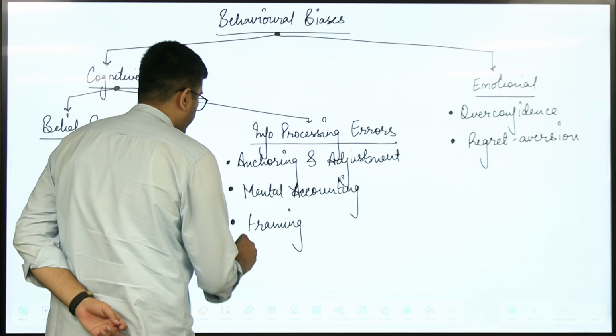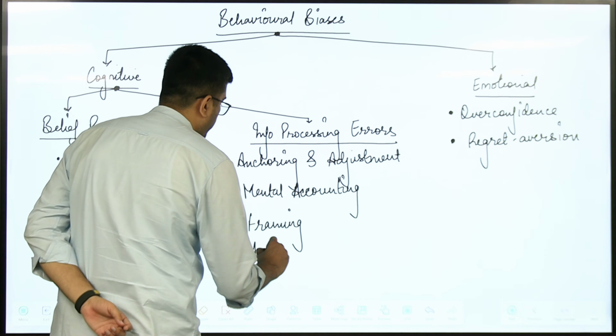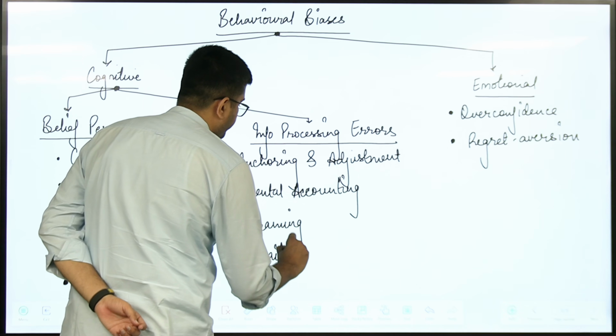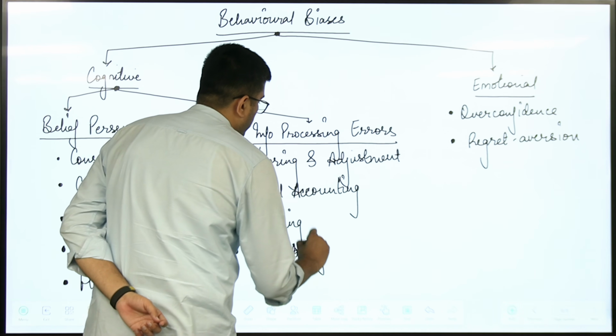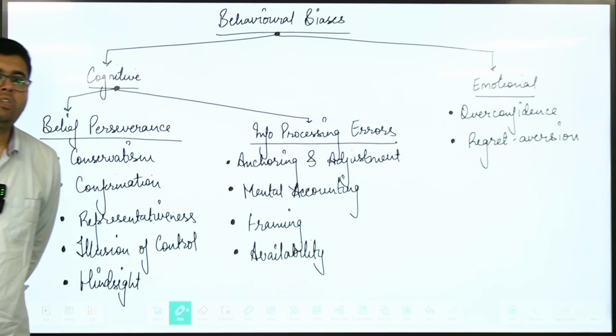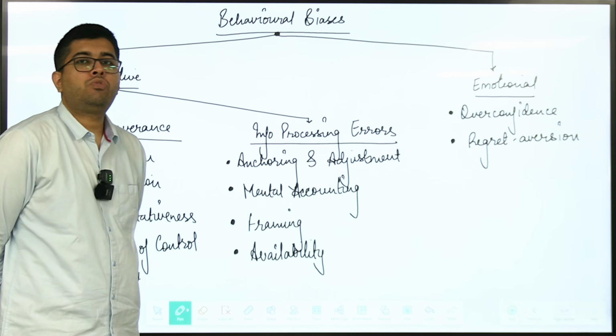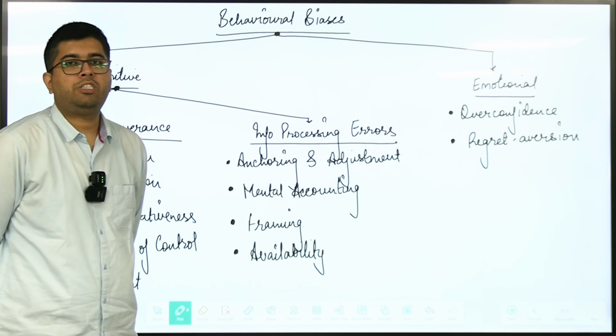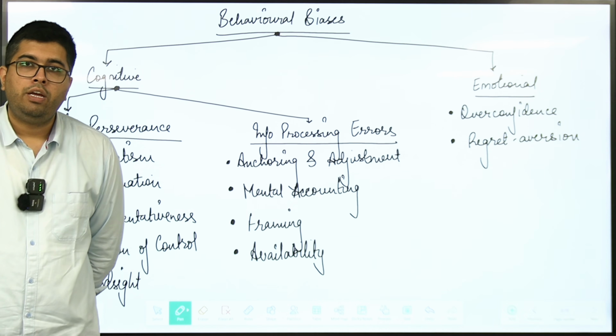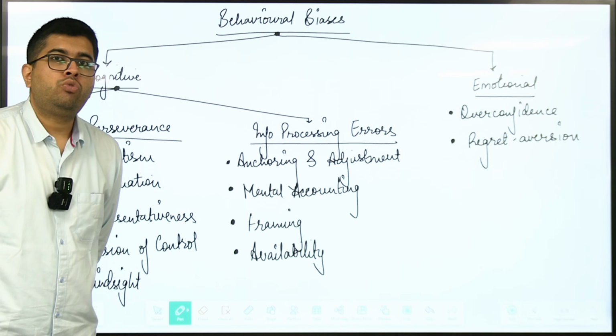And then lastly, we have availability bias. Availability bias means it's a habit of humans to put more importance on the information which is more easily available. We prefer not to do too much analysis.